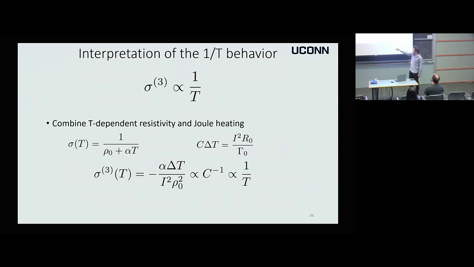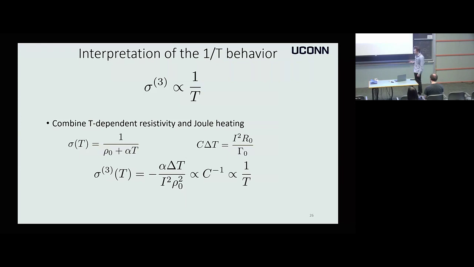And that gives us a correction to sigma that is of order I squared, so that corresponds to third order conductivity, and that, according to this formula, is just the inverse of specific heat, which gives you 1/T in this case.